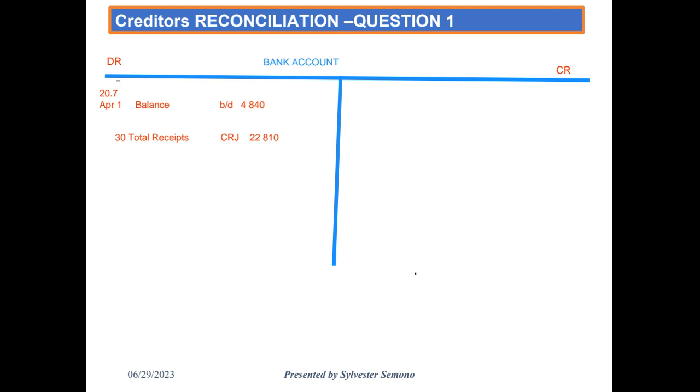April 30th. CPJ. How much? Total? The total of the CPJ is 22,292. Thank you.